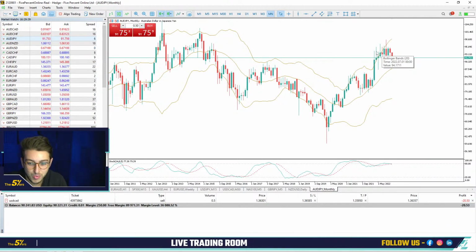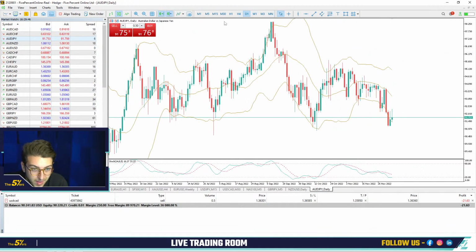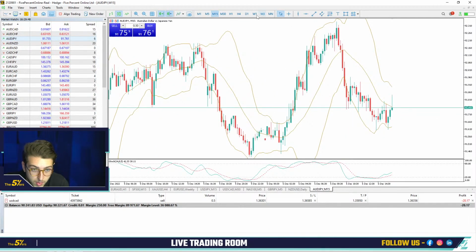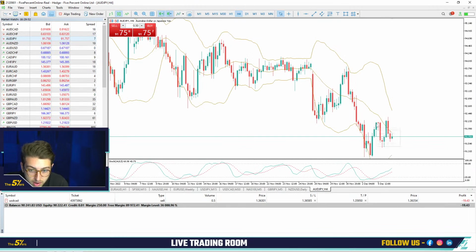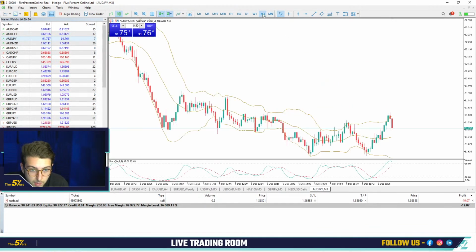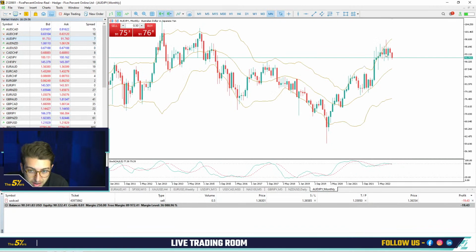The price is starting to reject from here. So at some point we can break the support. That's why I'm not so comfortable making a buy. Maybe in the short term this can work. For example, here on the H4 we have some confirmation, but again, it looks very weak.